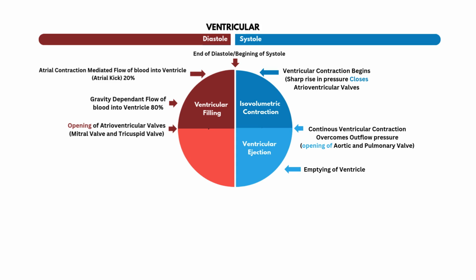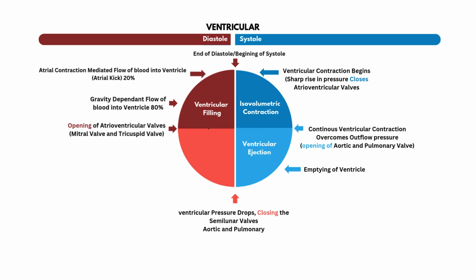Once the ventricle finishes contracting in the ventricular ejection phase, pressure drops, and as soon as it falls below aortic pressure, the semilunar valves, which are the aortic and pulmonary valves, snap back shut, preventing further flow of blood out of the ventricles. That's when you hear the auscultatory sound S2, the second lub dub sound.